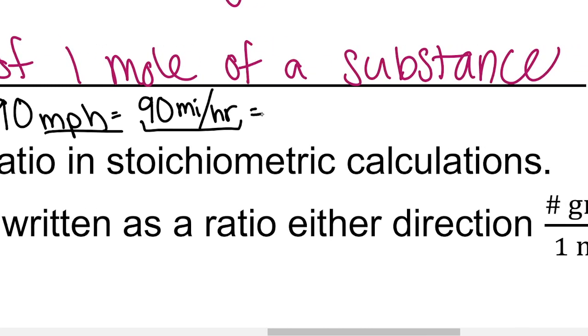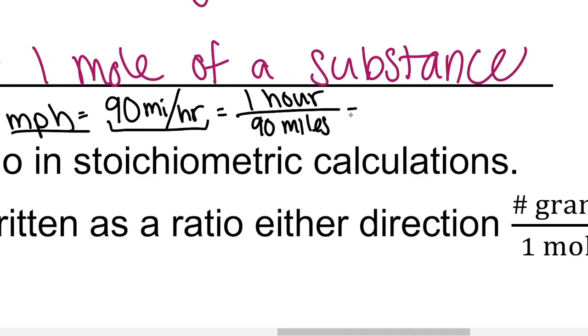If I were to ask you, if you drove for 1 hour, how many miles did you go? 90. You don't have to do any math to figure this out. It is just about reading that ratio. If I tell you that you drove 90 miles, how long did that take you? 1 hour.